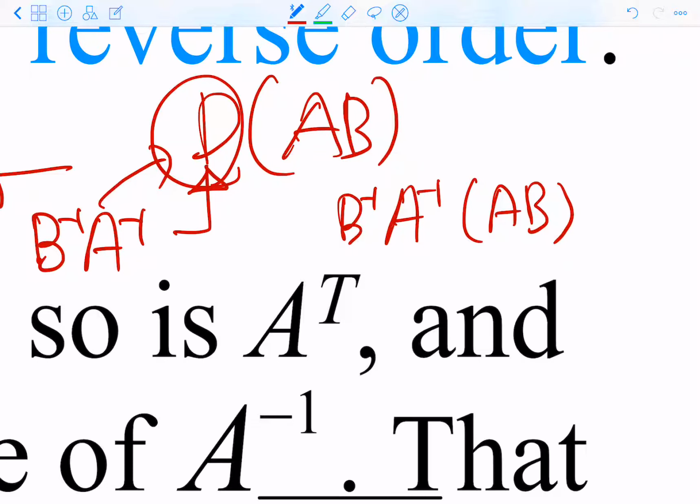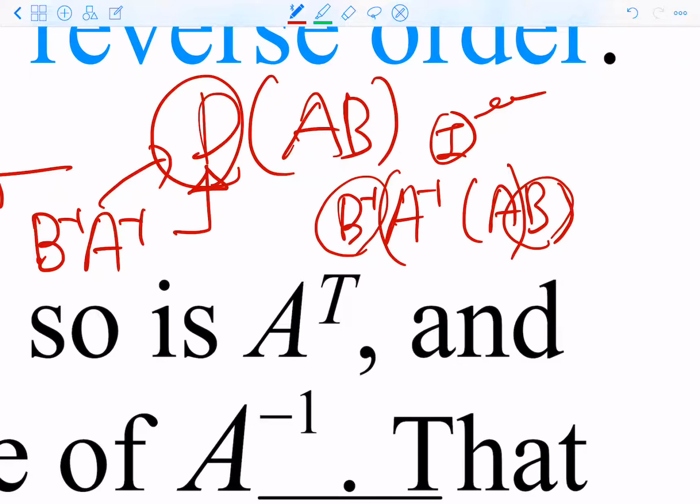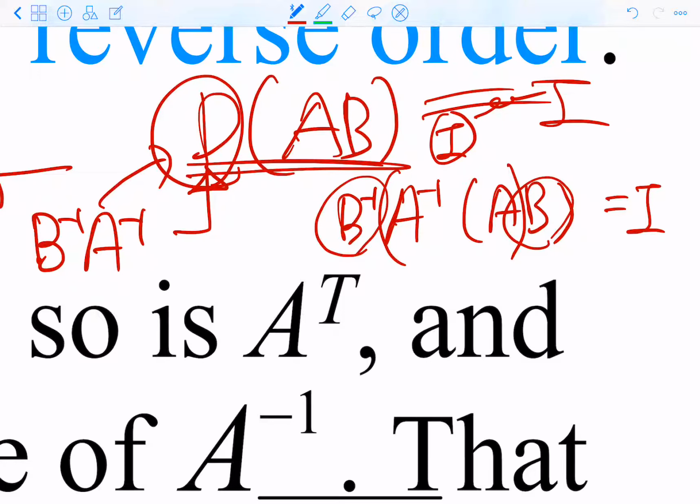In this case, we can perform this multiplication first by using the associative law, and then this part will be the identity matrix, and so it can be cancelled out, and then B inverse times B is identity, right? And so we found the matrix that satisfies this: D times AB is equal to identity.